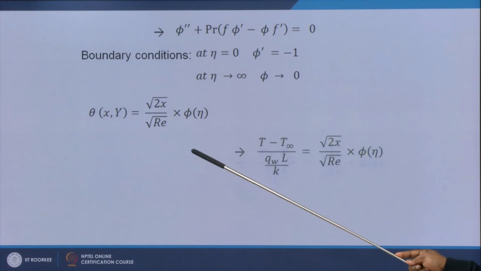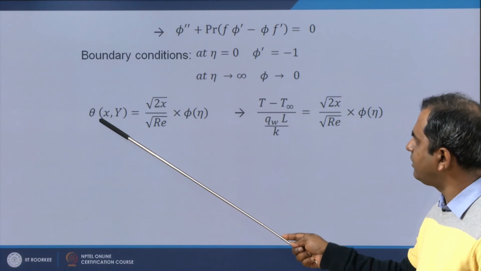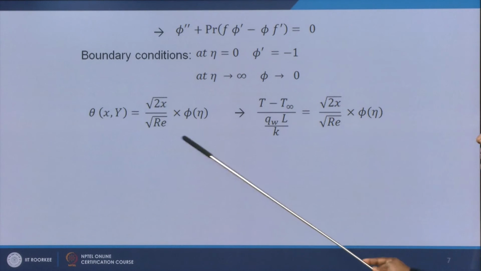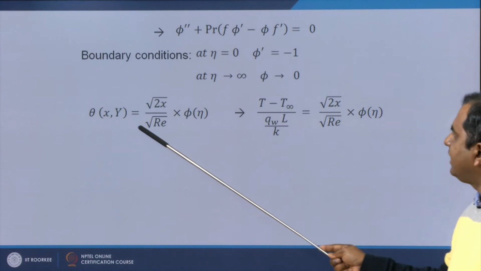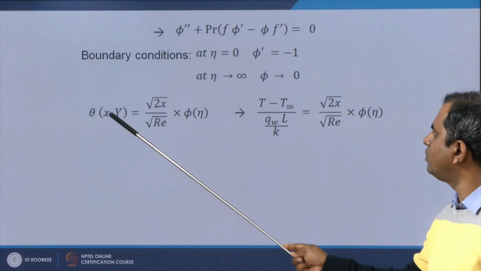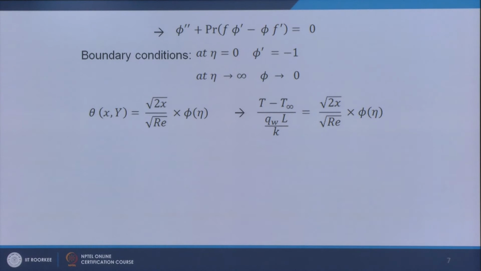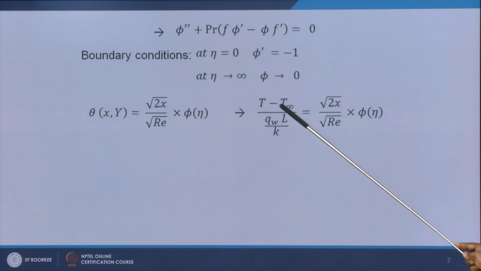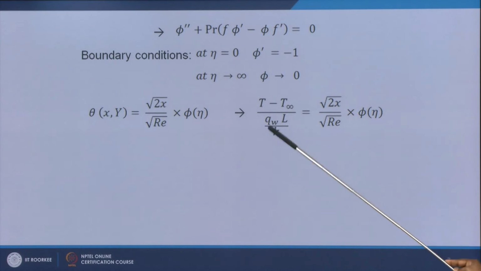As we have taken this equation, the theta to phi relationship we have taken in this fashion. So here let us try to see how heat flux can actually be linked up with phi. Okay, so we know that theta, already seen, is nothing but T minus T infinity by Qw L by k. So this was actually delta T, our dimensional term for the scaling of the temperature.